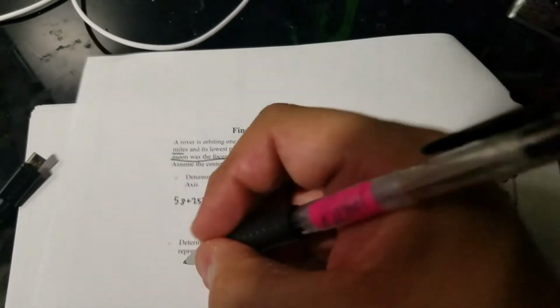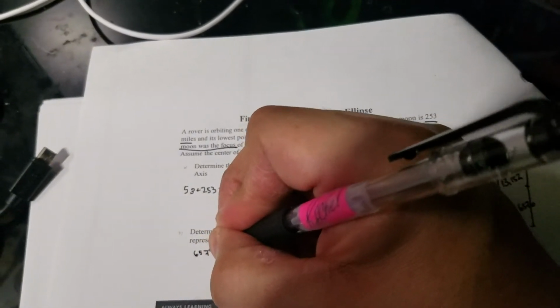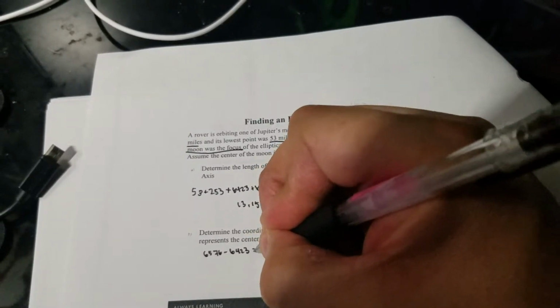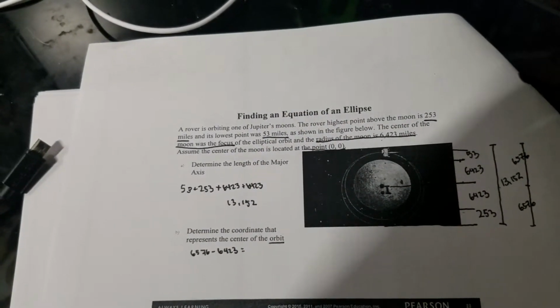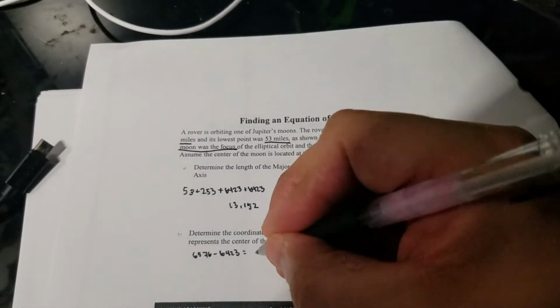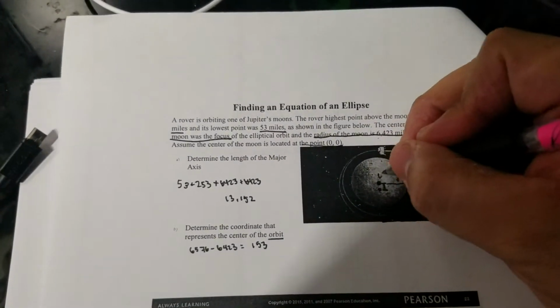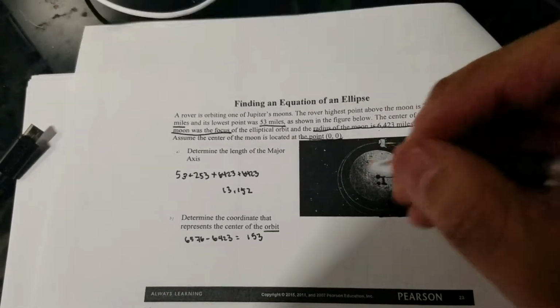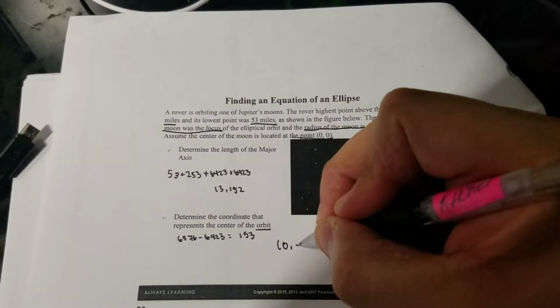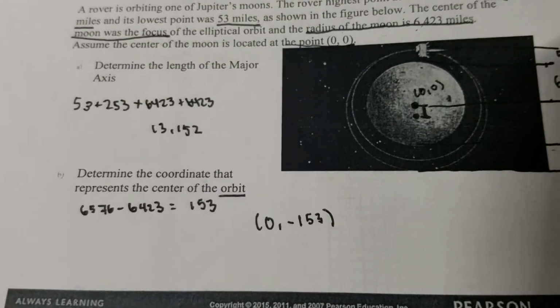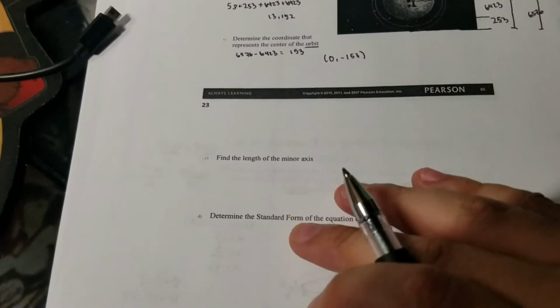So I'm going to subtract 6576 from 6423, and when I do that, it equals 153. So if this was 0, 0, this is moving down. In the x direction I haven't moved anywhere, but in the y direction I moved down 153. So that should be my distance there.